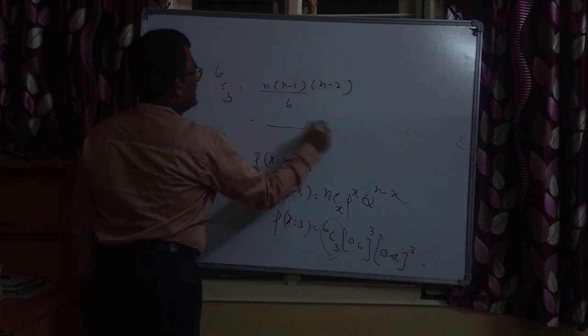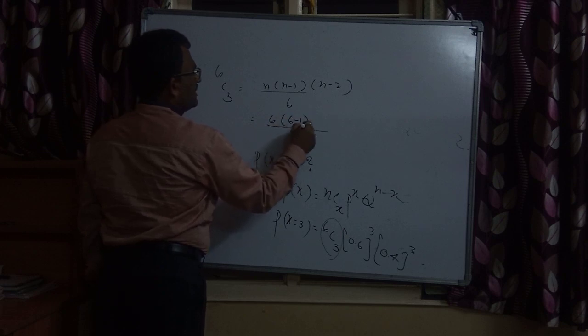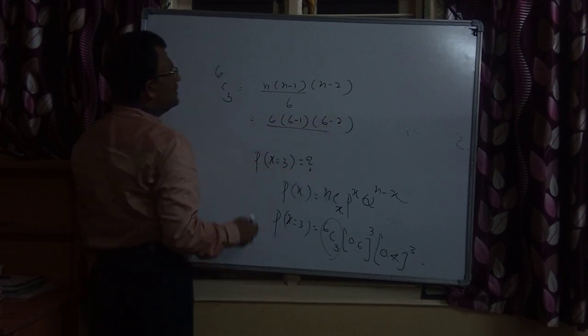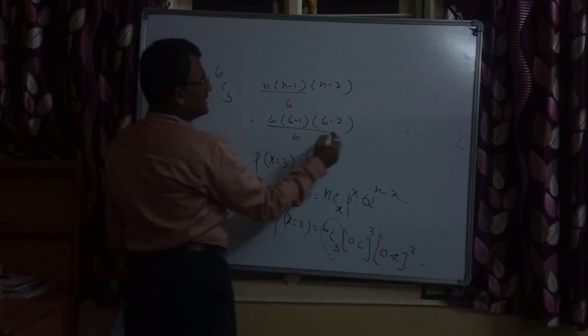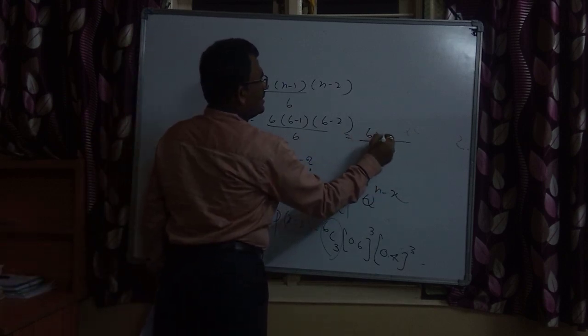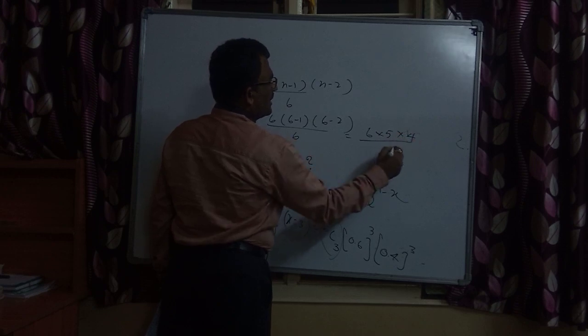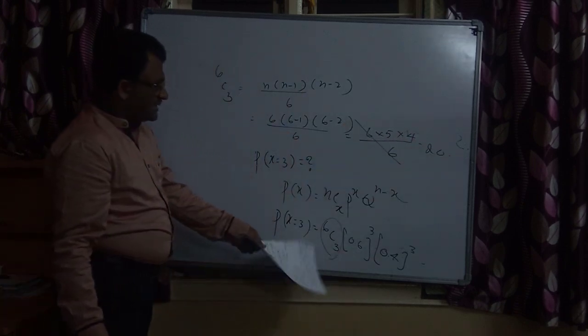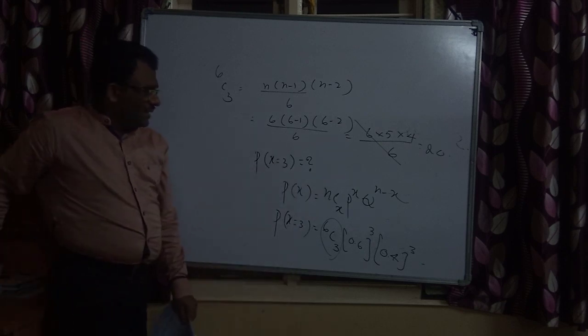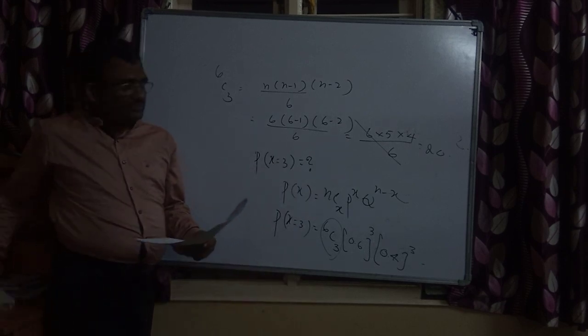That is 6 into 5 into 4 divided by 6, which is equal to 20. Now 6C3 is 20, and we can simplify further.